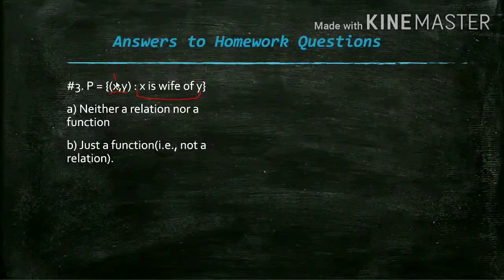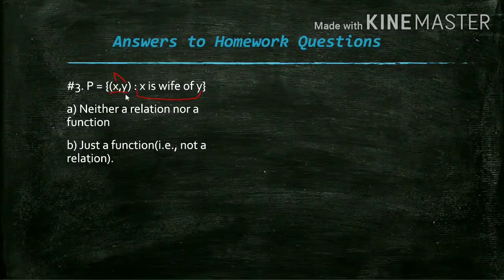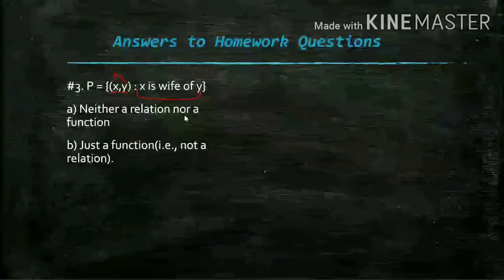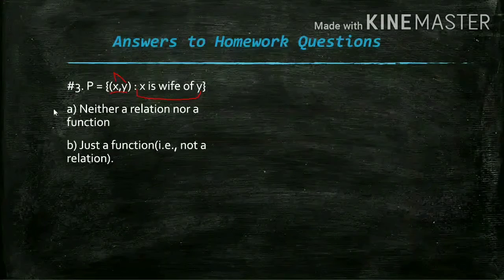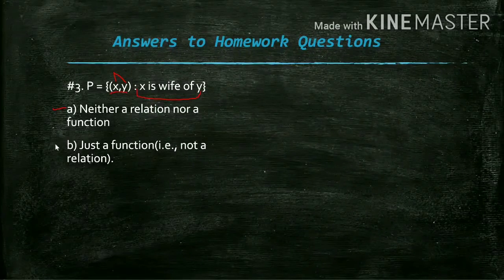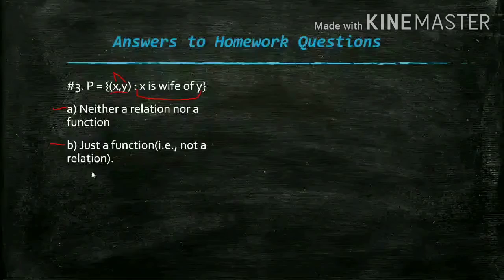That means we have a pair of a couple, a husband-wife, where the wife comes first, then the husband. And you are given the options: neither a relation nor a function, or just a function, that means not a relation.